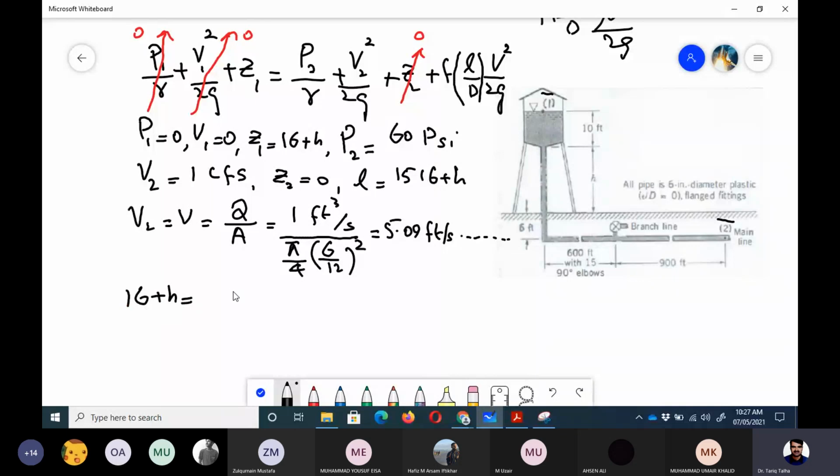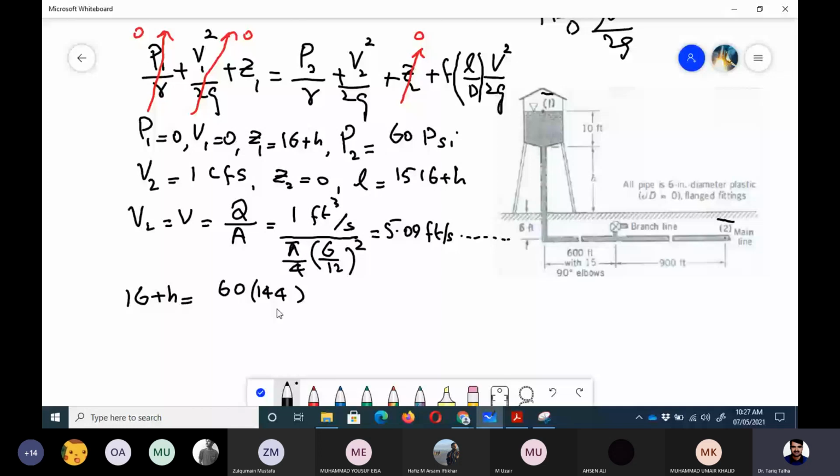So the P2 value is 60 pound per square inch, so pound force. We need to deal in pound force per feet square, so we need to multiply it by 144 to convert per inch square into per feet square.